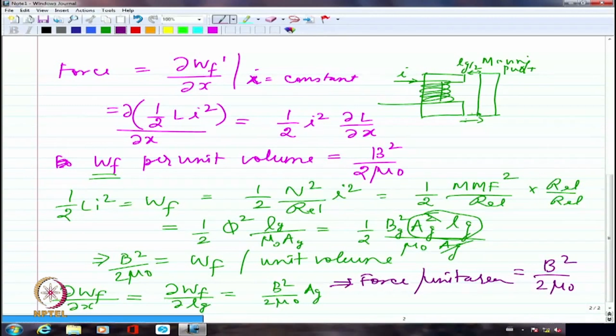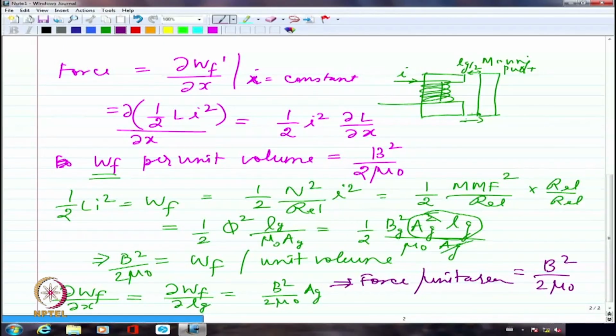So as long as I operate with a limitation on the flux density, I also have a limitation on the maximum force I can develop for a given material, per unit area. Of course, if I increase the area, I will definitely get more force.